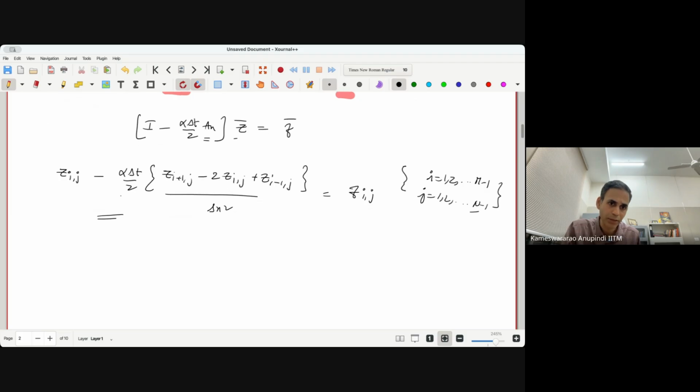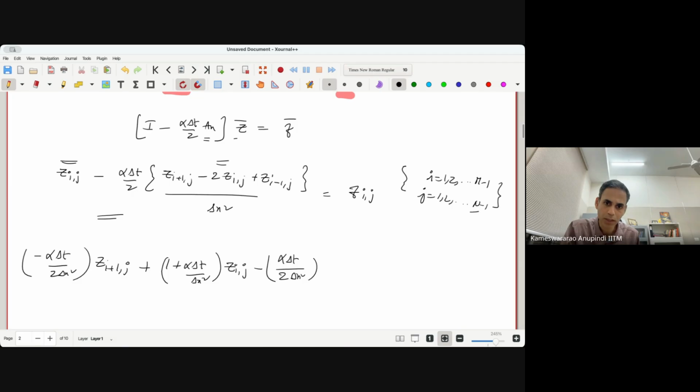This is basically, if I were to write minus alpha delta t by 2 delta x square times z i plus 1 j. So the z i j I'm combining with this. That's going to be plus 1 plus alpha delta t by delta x square times z i j, and then I have minus alpha delta t by 2 delta x square times z i minus 1 j equals f i j.